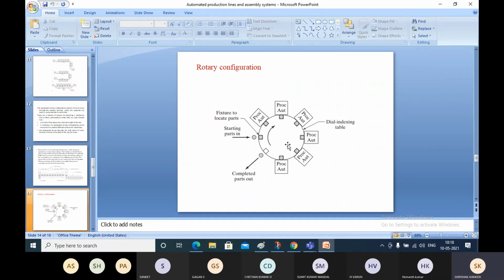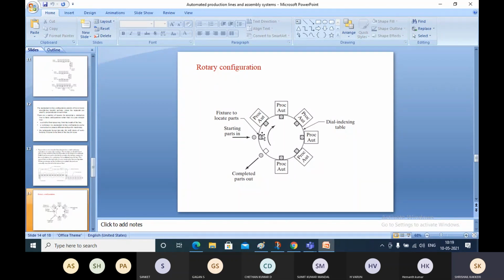The dial indexing table will be synchronized with the part which is entering, and at the starting point there may be manual loading or automated loading. The completed part may be taken out manually or automatically. Here again there may be an upender or downender or work holding devices which will hold the completed part or the raw material to be entered. So this is the rotary configuration.